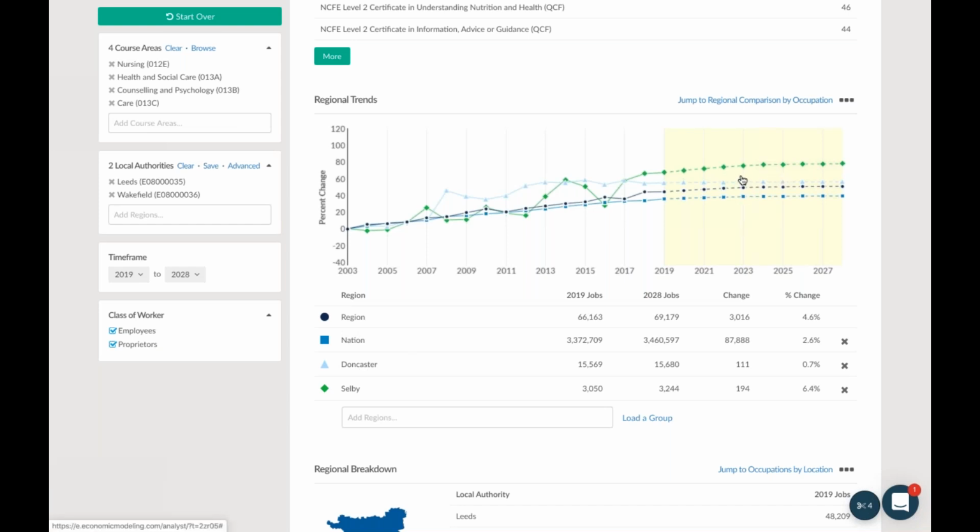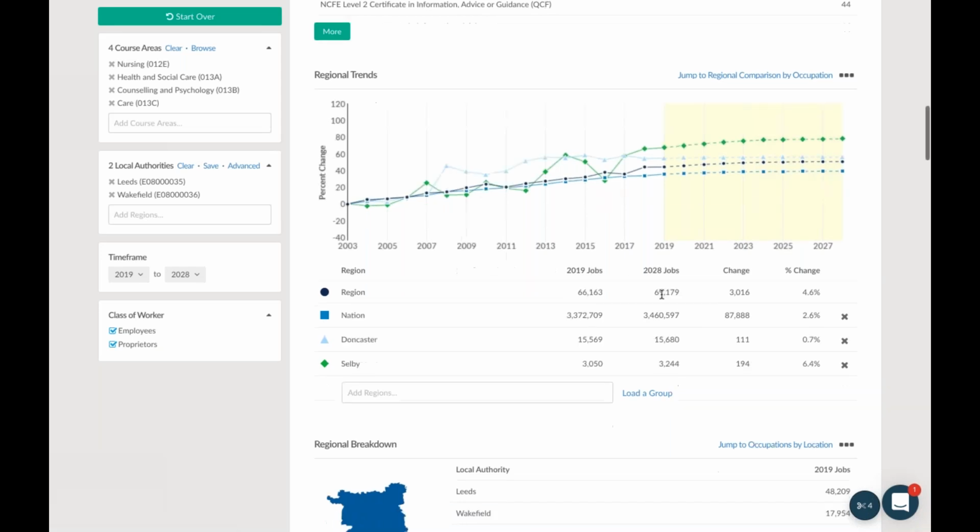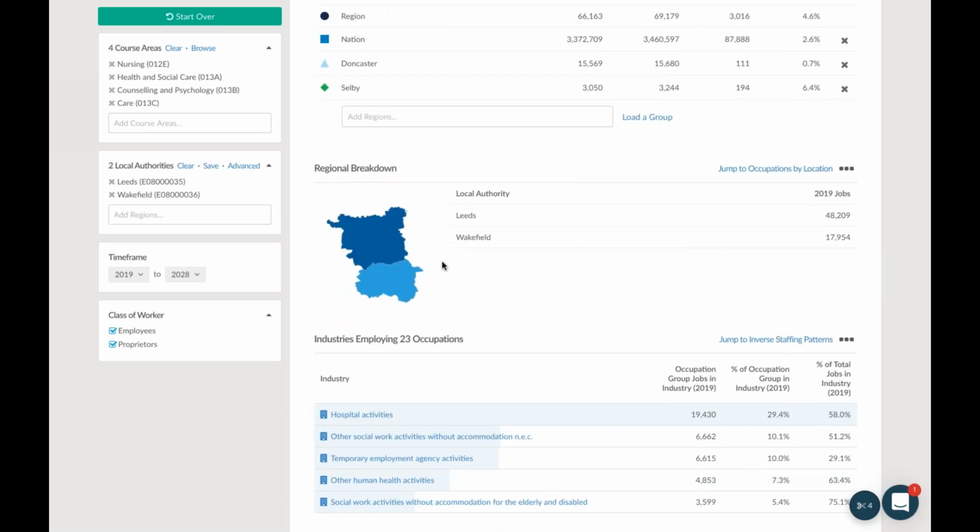So for particular regions, we can really understand that local and regional picture, and which has the biggest jobs in this example, 2019 and 2028. Because we've deselected some of those areas, we can now see Leeds and Wakefield, so we can see clearly where the proportion of jobs are.